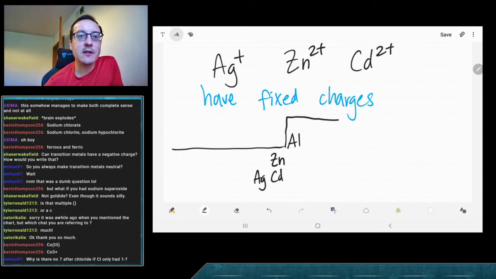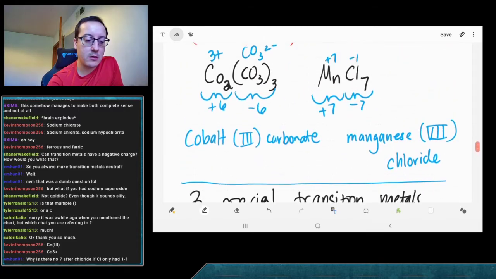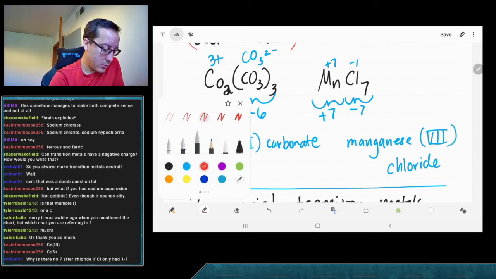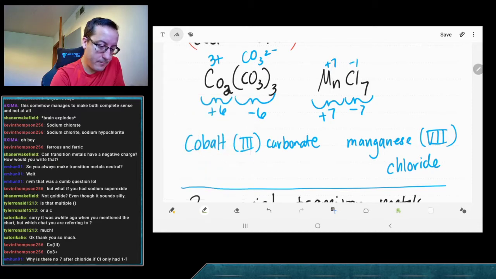Why is there no 7 after chloride if chloride only had -1? There is a 7 after chloride. It's right here. Oh, unless you mean in the name?